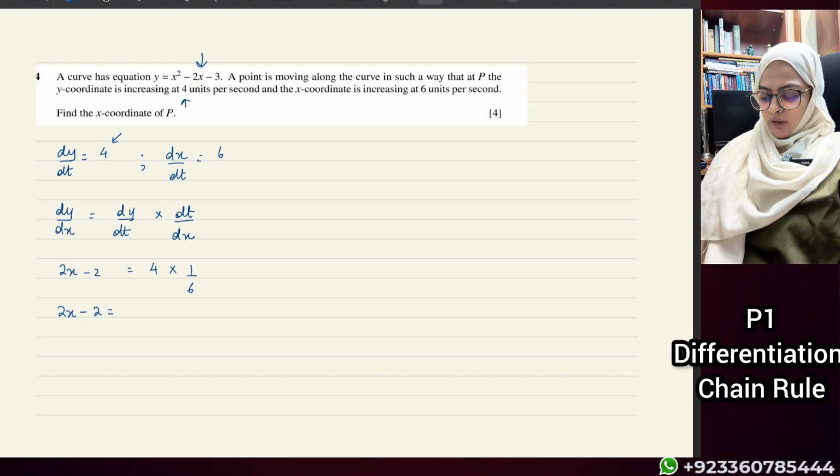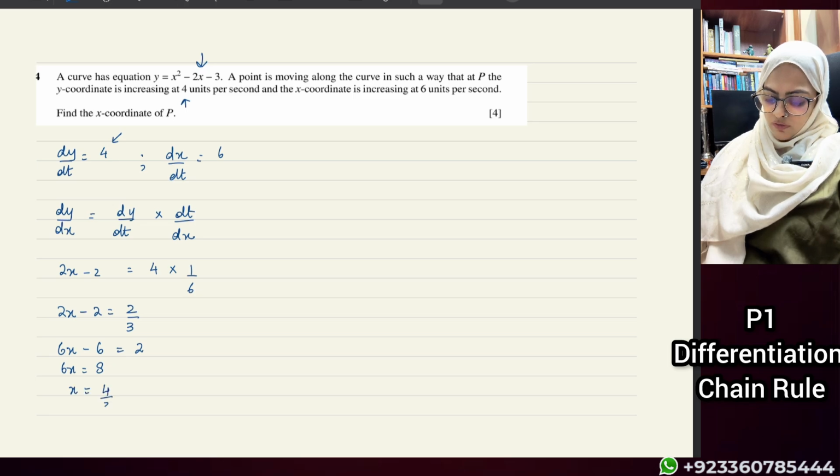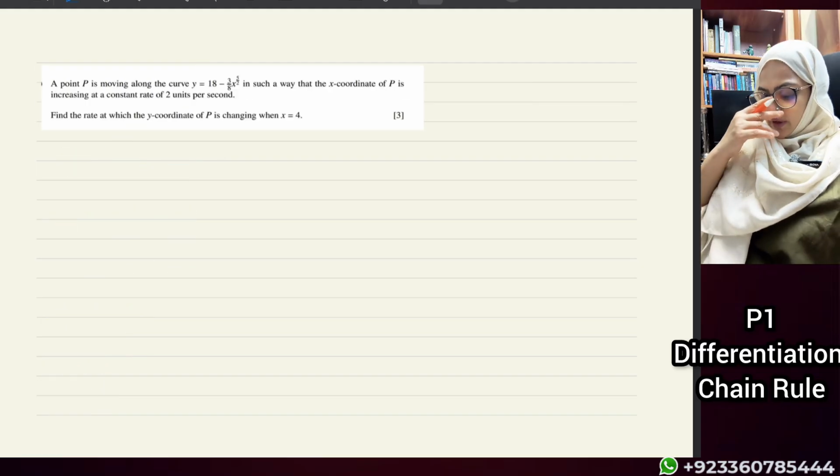We simplify it, it becomes 2 upon 3. We cross multiply. This becomes 6x minus 6 is equals to 2. 6x equals 2 plus 6 is 8. And x is equals to 4 upon 3. This is the answer.